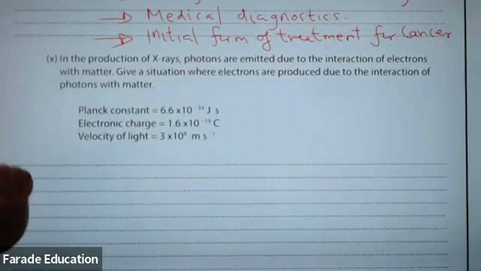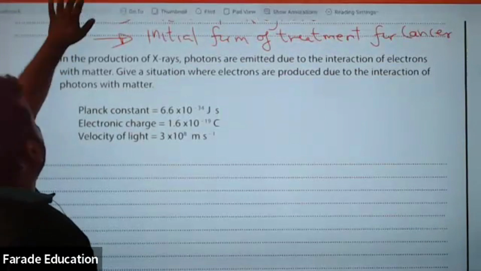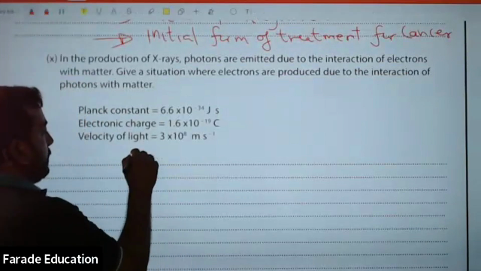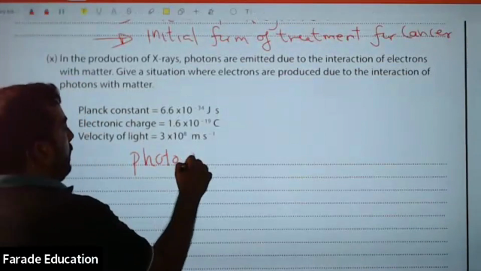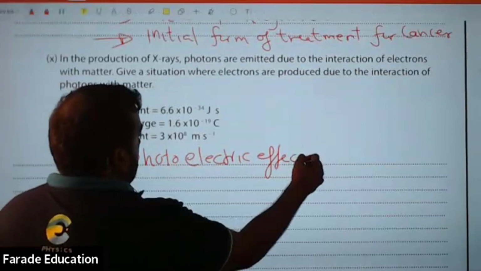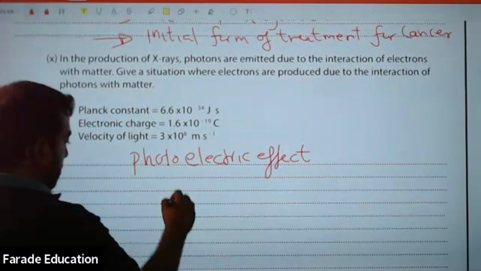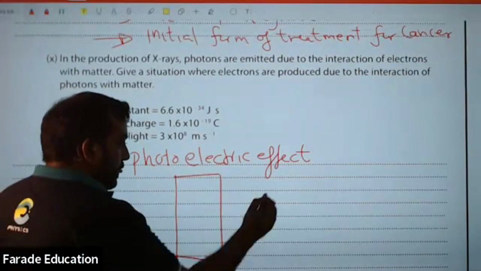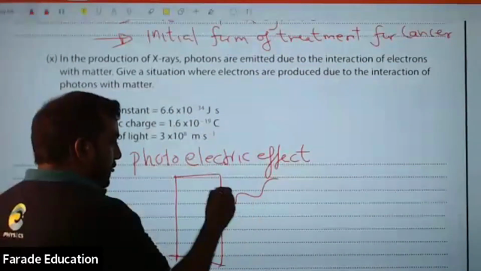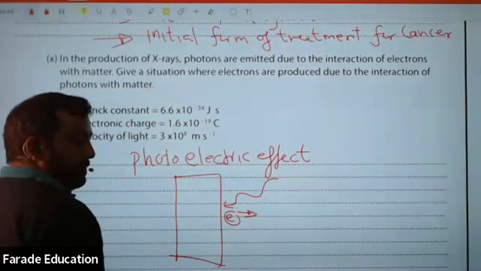In the production of X-rays, photons are emitted due to interaction of electrons with matter. Give a situation where electrons are produced due to interaction of photons with matter. What do you call it? The photoelectric effect. Photons come, hit the surface, and electrons are emitted.